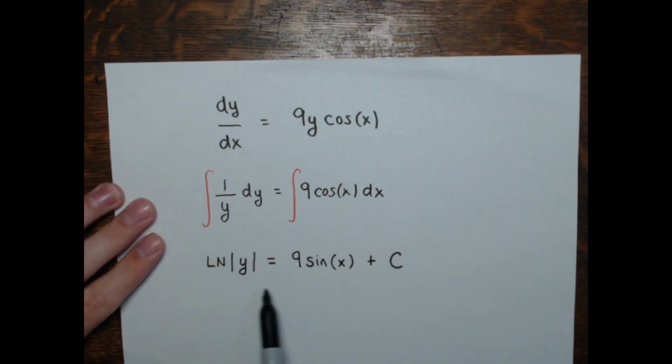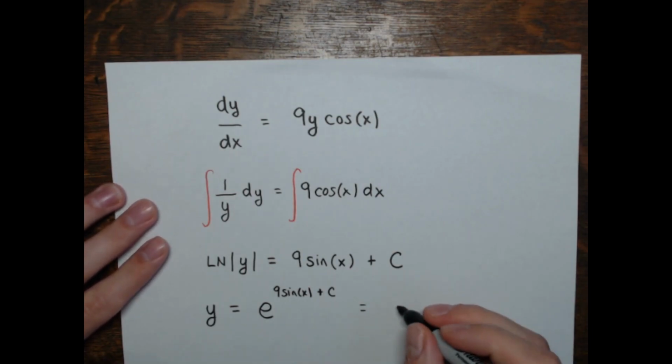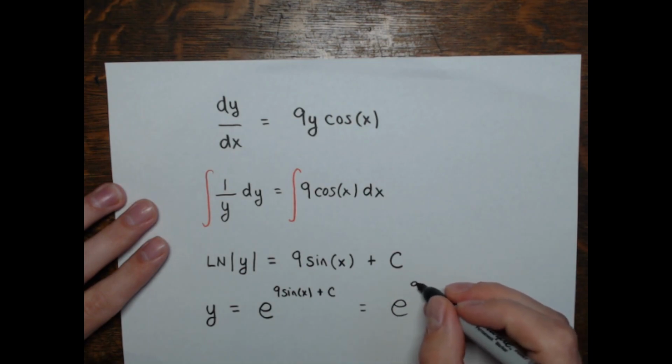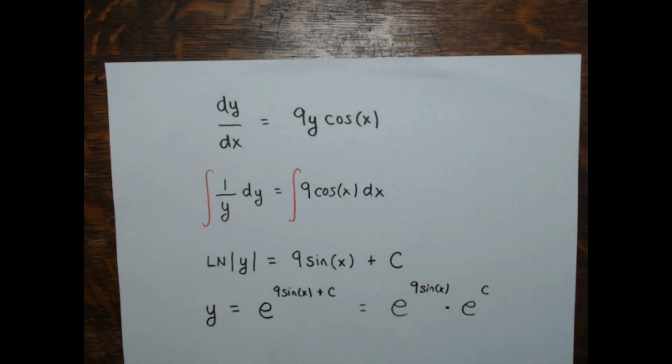There's the implicit form of the solutions, but we can easily solve for y here by exponentiating. y is going to be equal to e raised to this power, 9 sine of x plus some constant. But as we saw in a previous example, this is the same thing as e to the 9 sine of x power multiplied by e to the c.